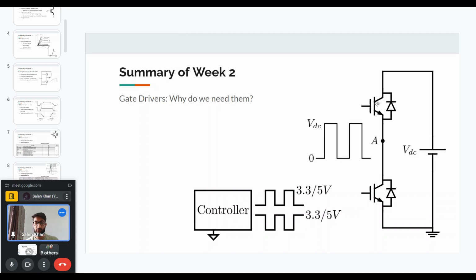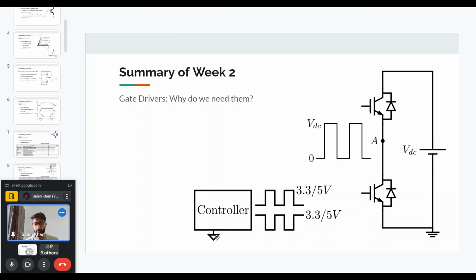So if we want to drive both of these switches, we will face a problem if we directly use the controller outputs, because for the controller, both the PWM signals are with respect to the same ground. So this triangular ground that I have shown, the 3.3 volt output of the controller is with respect to this ground.